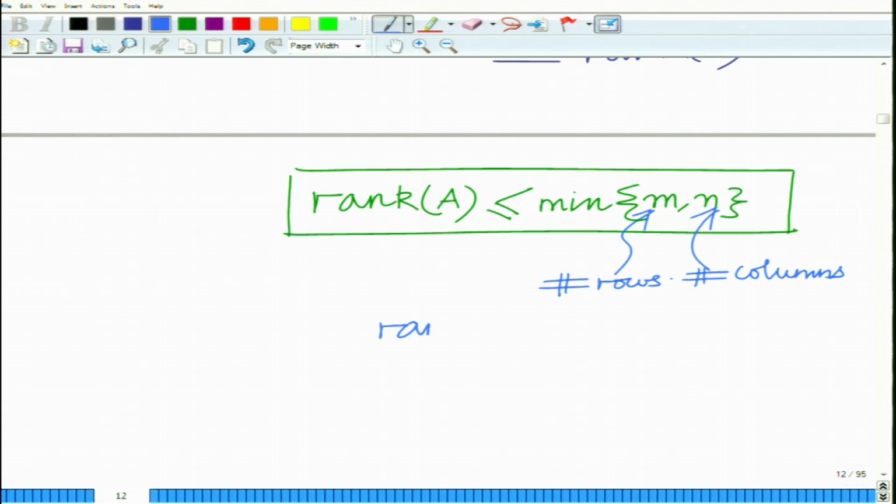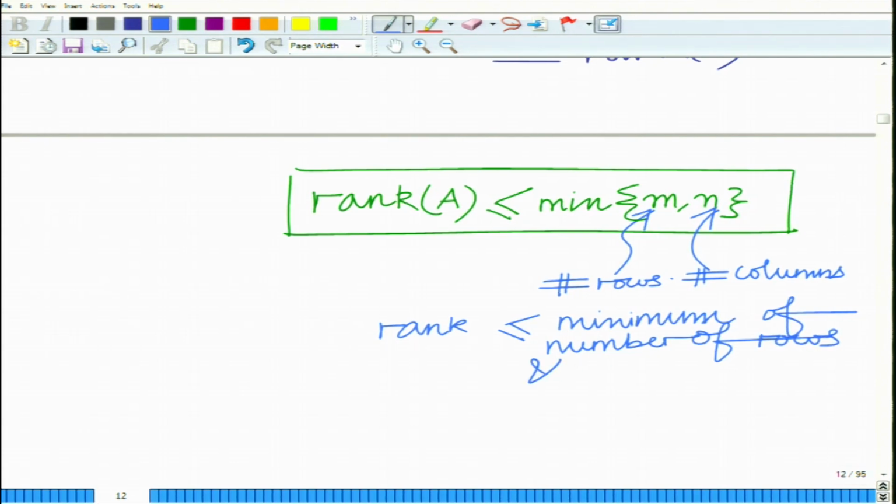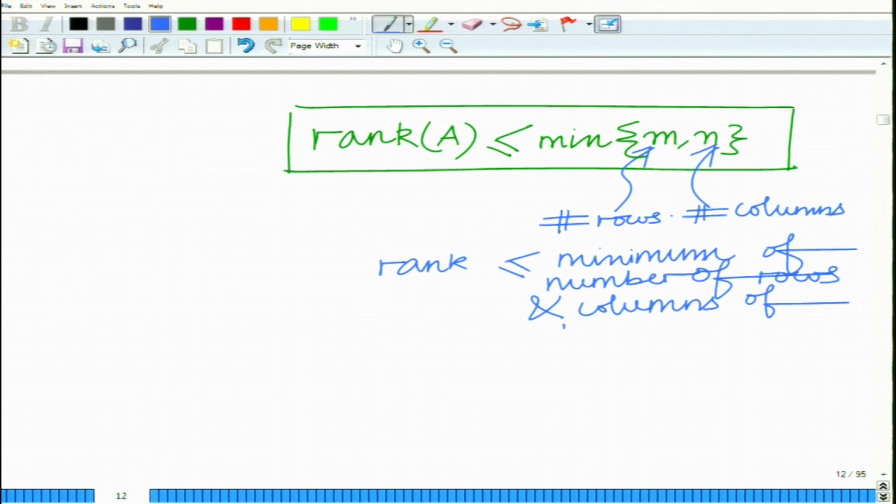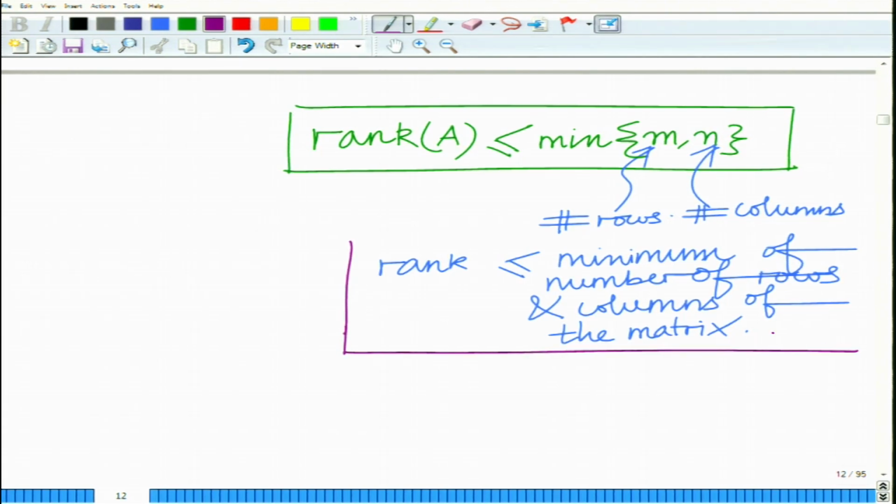So, the rank of any matrix is less than or equal to the minimum of the number of rows and columns of the matrix, and this is a fundamental property of matrices, which again some of you might already be familiar with.